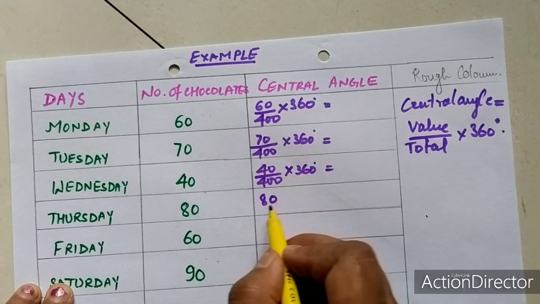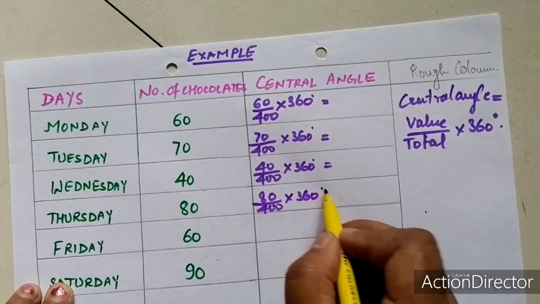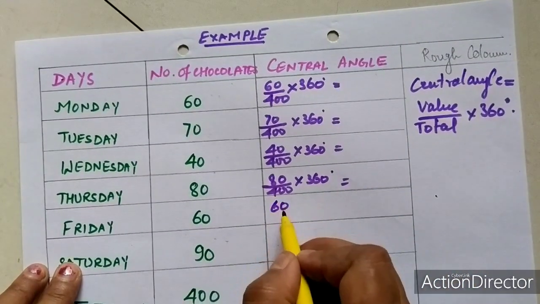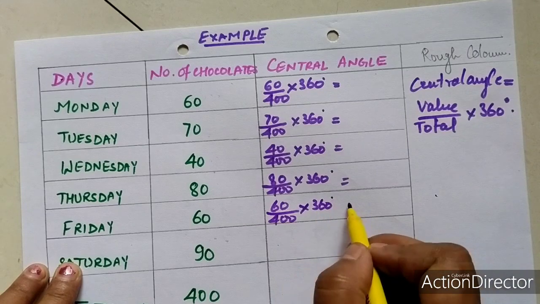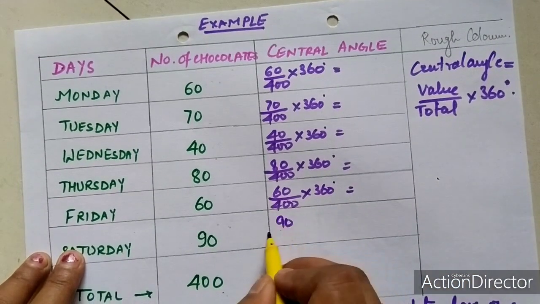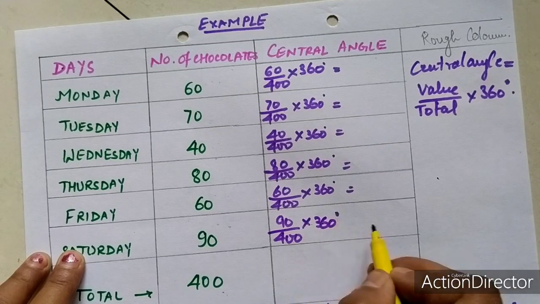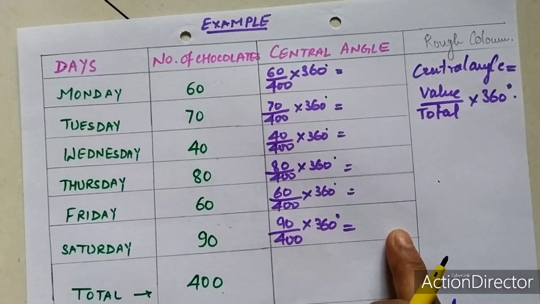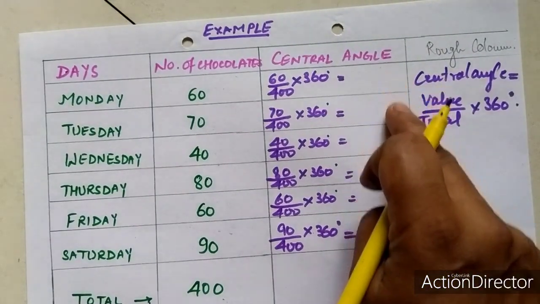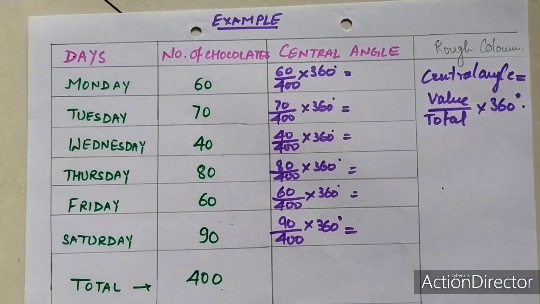Again, 80 by 400 into 360, then 60 upon 400 into 360 degrees. Last is 90 upon 400 into 360 degrees. You will get some values, and those are the central angles. With the help of all these central angles, you are going to make a pie chart.